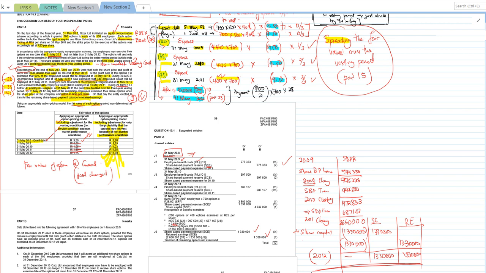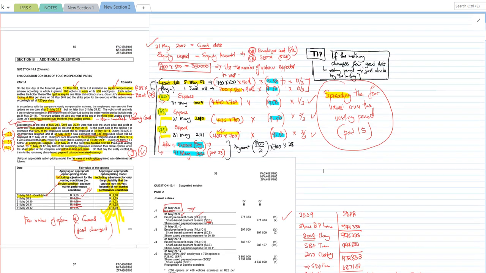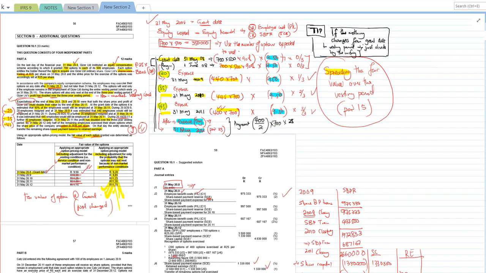So stay with me, guys. We're still going there. So this here, statement of changes in equity.